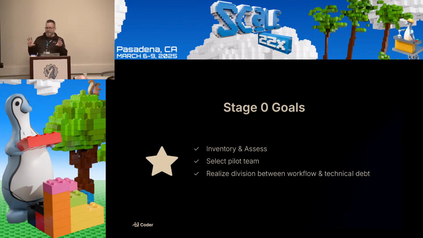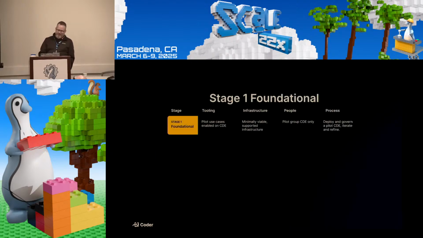My friend Carl has a phrase that I love. He says load-bearing technical debt, right? However you want to define your technical debt, if you try to eliminate that, the house of cards falls down. So in stage 0, you're taking a long, hard look in the mirror, so to speak.